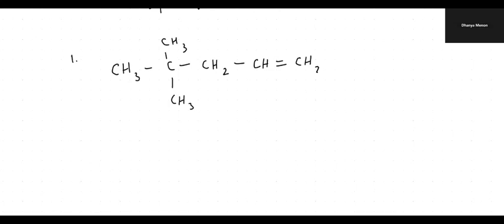So first we need to select the longest chain. So select the longest chain in such a way that it includes maximum number of double and triple bonds. Here there is only one double bond. So which is the longest chain? So definitely the longest chain is this one, right? If you see that this is the longest chain, right?